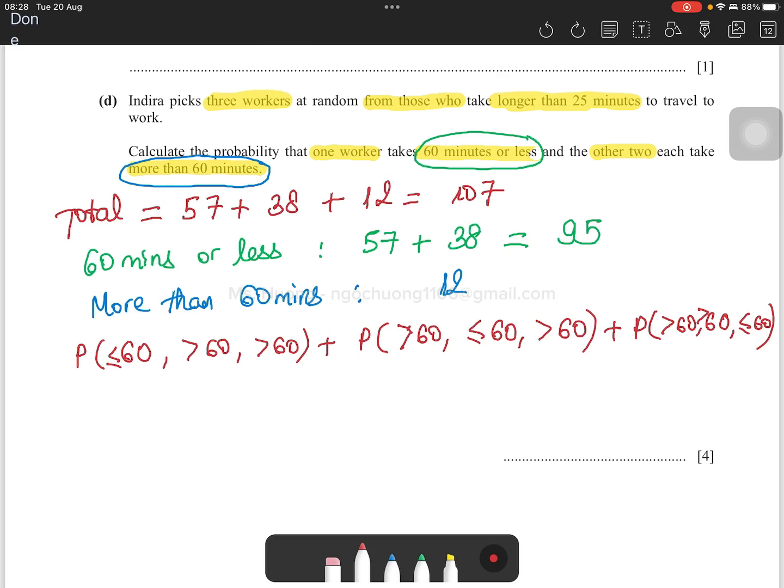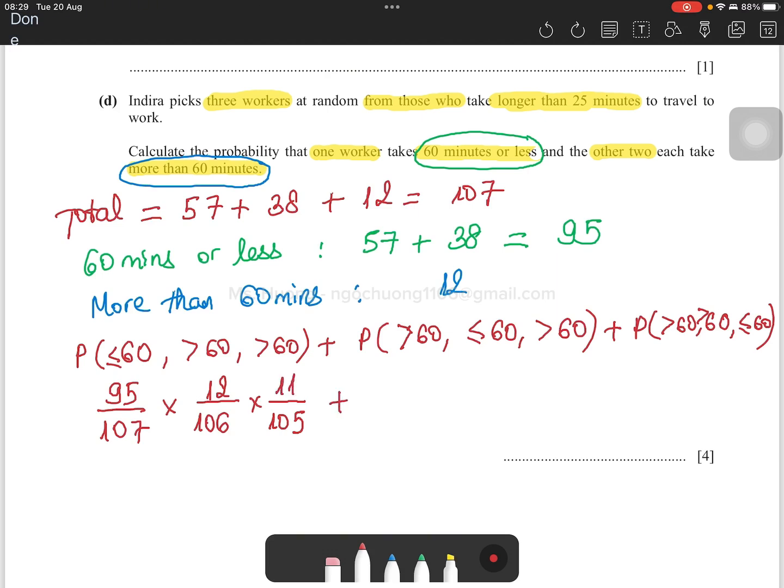So the probability of the first case is 60 minutes or less, 95 over 107, multiplied by 12. After picking one worker, now we only have 106. And after picking one more, now we only have 105 workers. But the number who take more than 60 minutes is only 11 now, after we pick one.